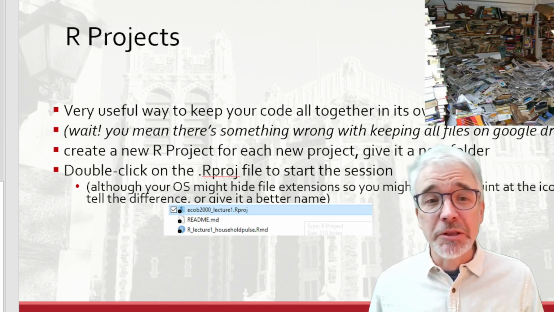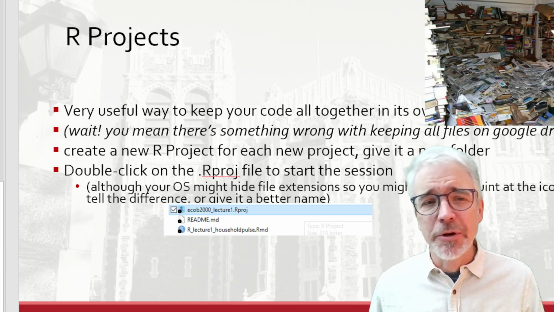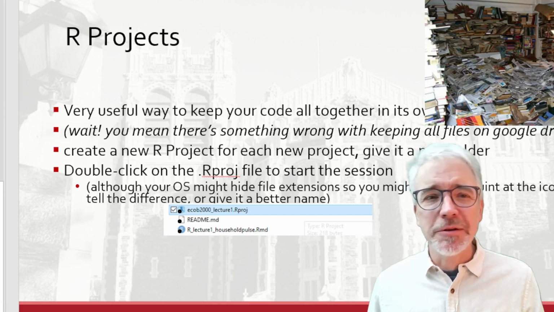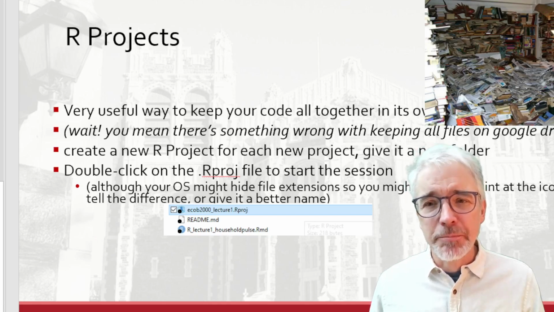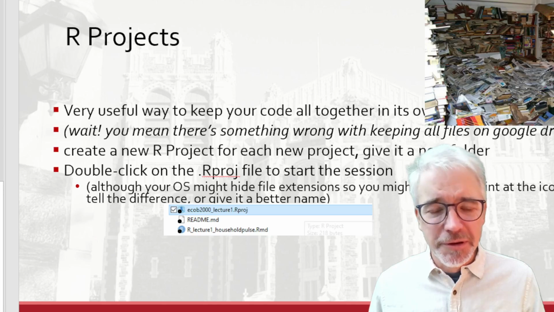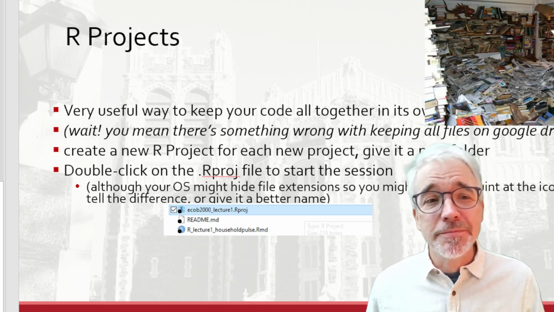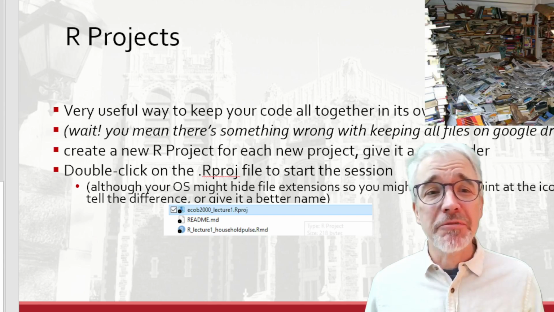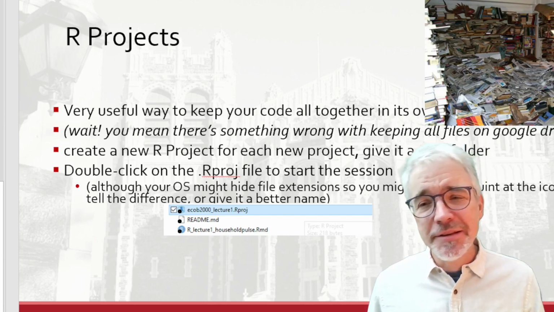But now, another component of RStudio is the ability to create projects. A project is a really useful way to keep all your code together in its own folder. I know the typical method that we all tend to use is to be like a pack rat, shove all the files into Google Drive or whatever, and you just be a hoarder. Now, if you want to be a hoarder, if that's really how you want to live your life, then that's on you.